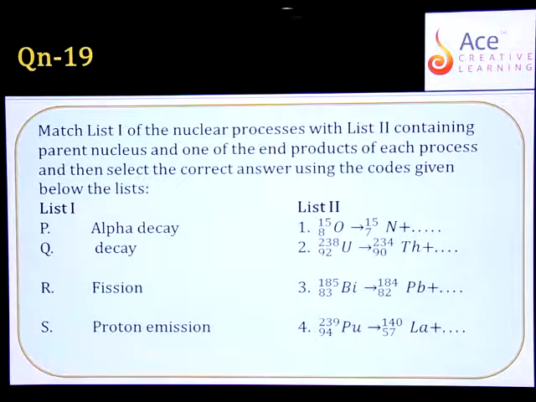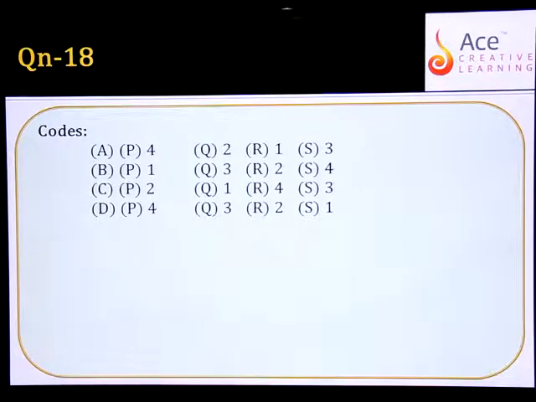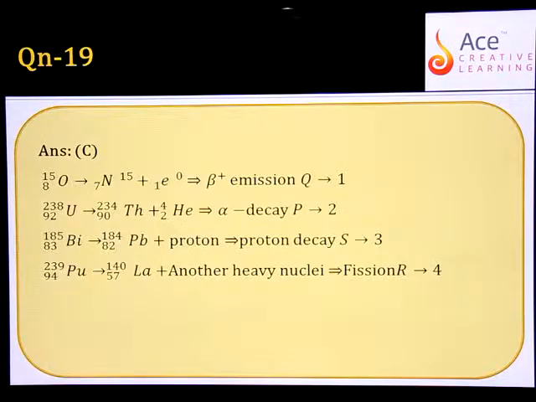Question number 19, again from modern physics. The correct answer is option C. So first reaction, if I take, it should correspond to a beta plus emission, keeping in mind that Z and A should be the same on both sides.